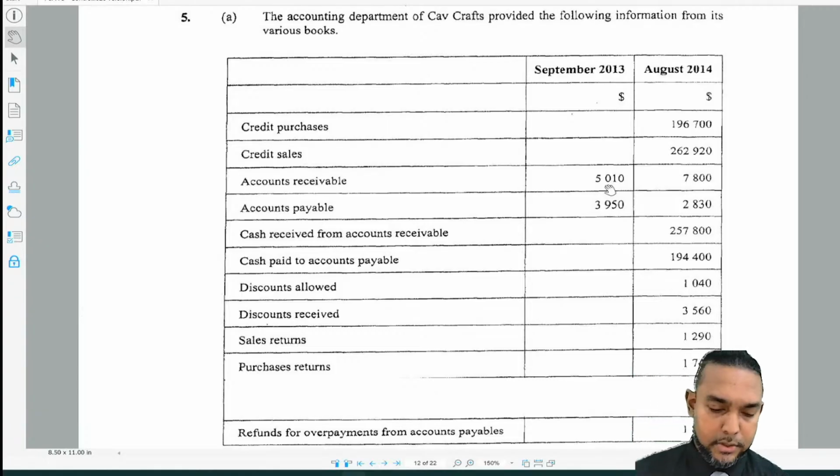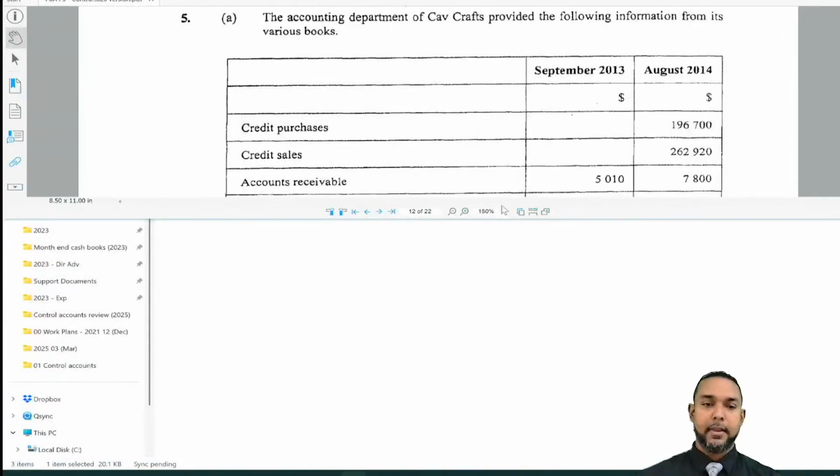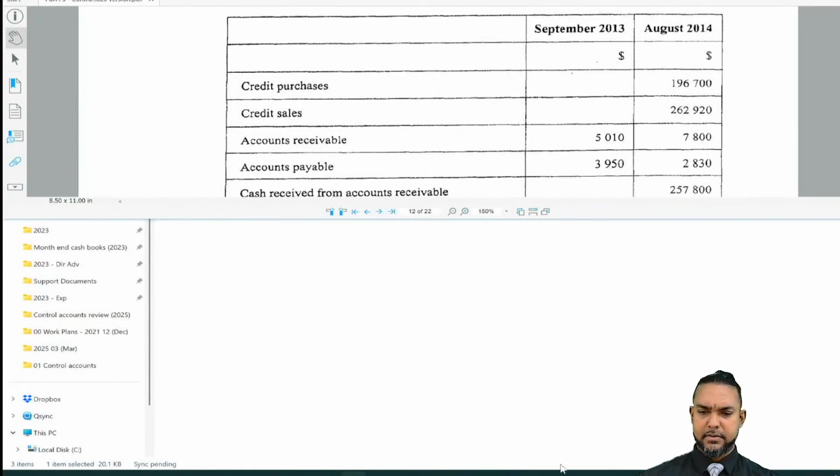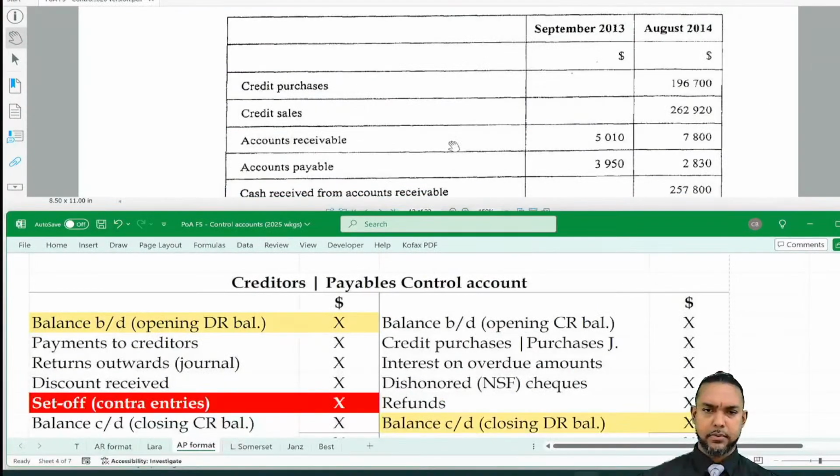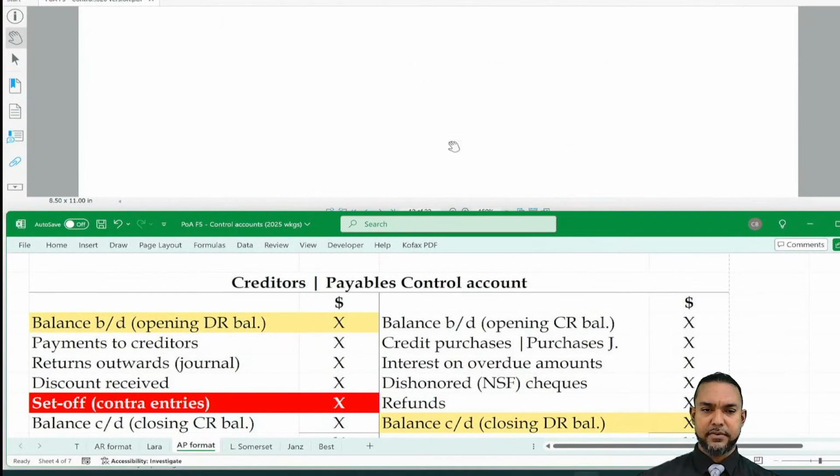Right. So I'm just gonna push this to the top there, and I'm gonna start populating here. Cav Crafts, 2050?